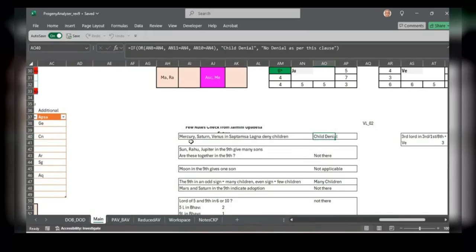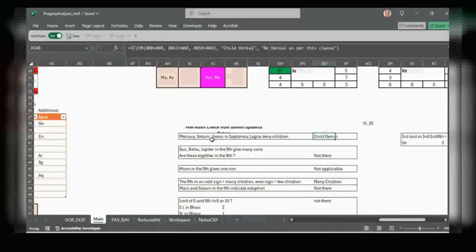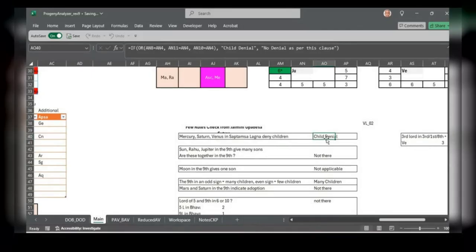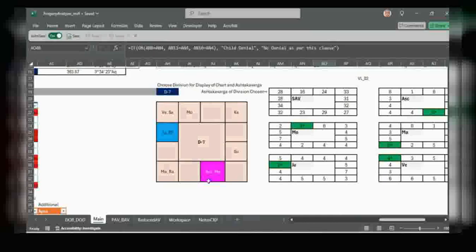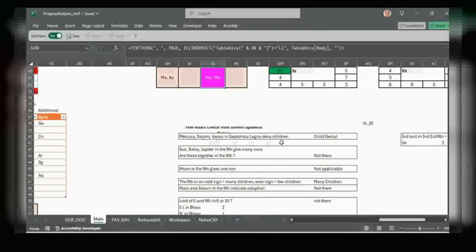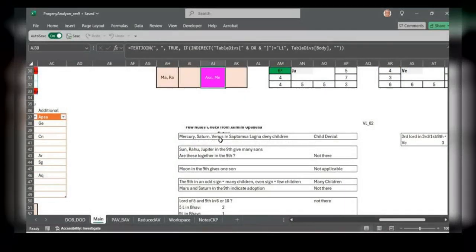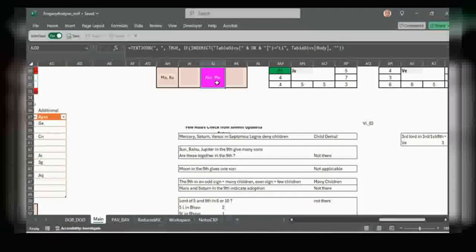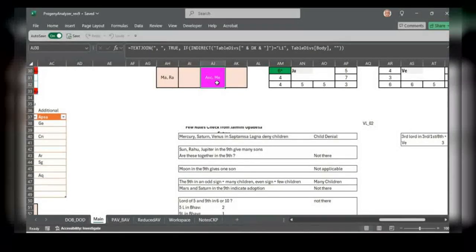Child denial is there. In fact, Mercury, Saturn and Venus in Saptamsa Lagna is there for this person, it looks like. Mercury alone is there; I have taken one of them at least, not all three. So Mercury in Saptamsa is there in this lady's chart, which is a child denial.